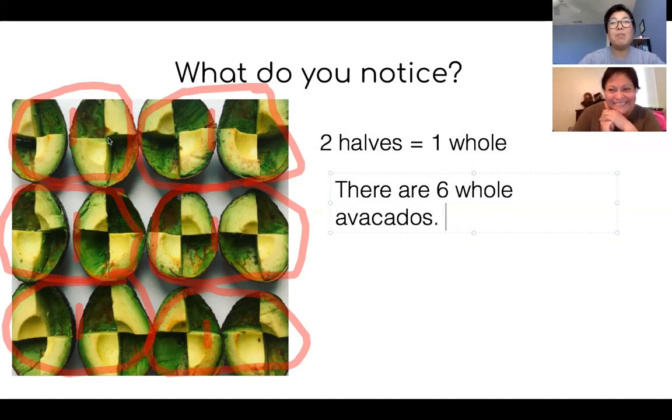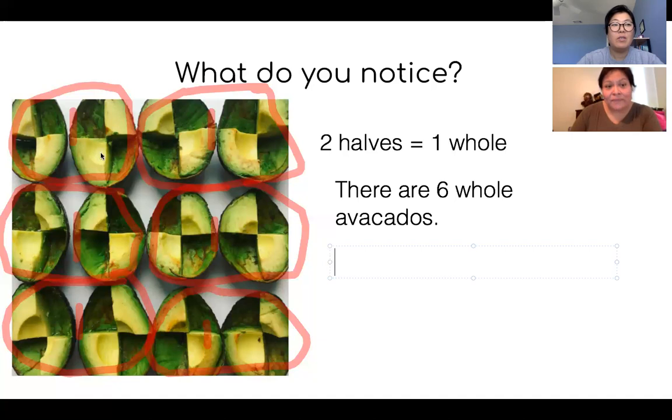You can also skip count by twos. You can say 2, 4, 6. Or how can we write this in a multiplication? Well, there are 6 groups of 2. So 6 times 2. Oh, if we're talking about halves, that's right. I apologize.